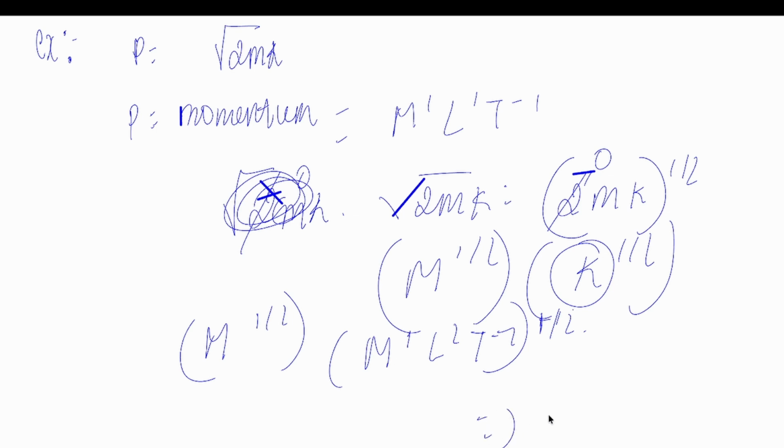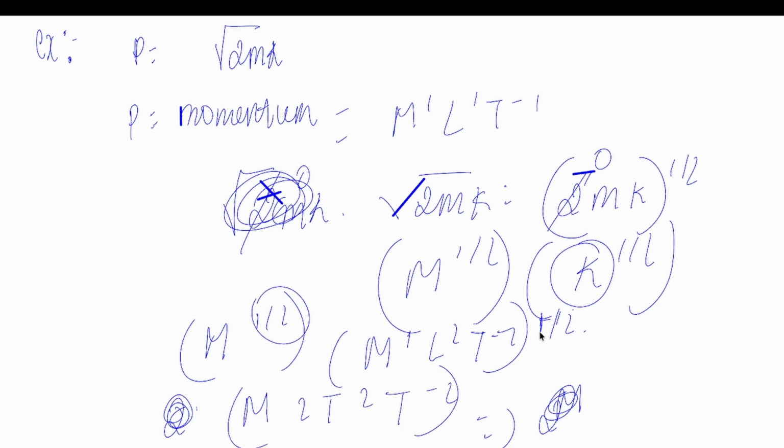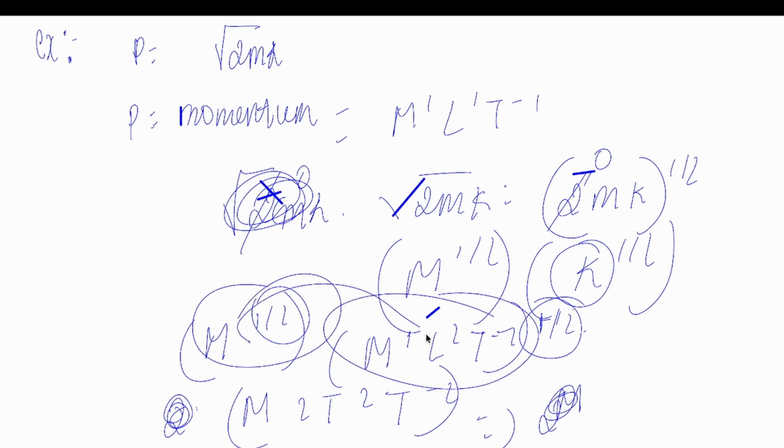That whole simplifies, and the 2 is cancelled. So we get M square L square T power minus 2, all to the power 1 by 2. As the powers are equal, I can do the operation between these, which turns out to be M power 1 L power 1 T power minus 1.